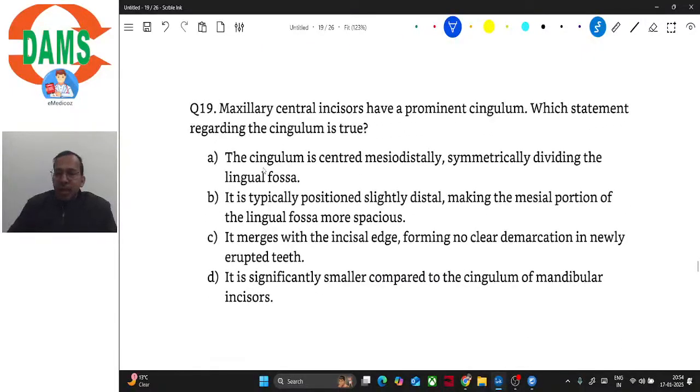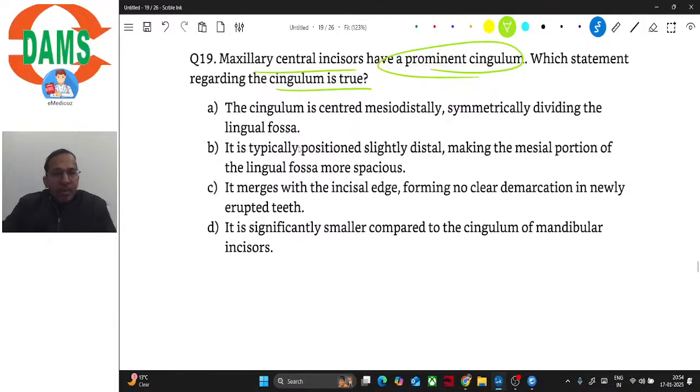So next question, maxillary central incisors have a prominent cingulum. Which statement regarding the cingulum is true? So we need to think about the maxillary central incisors. The cingulum is centered mesiodistally, symmetrically dividing the lingual fossa.